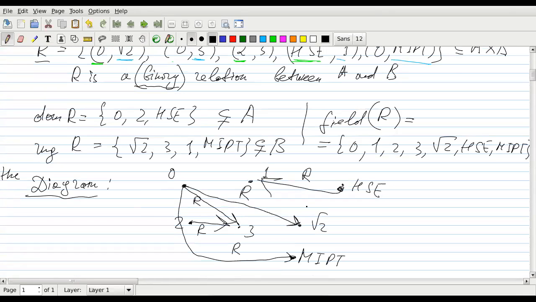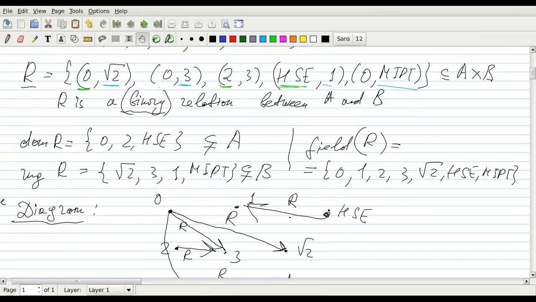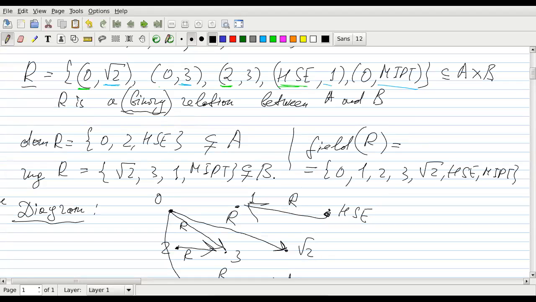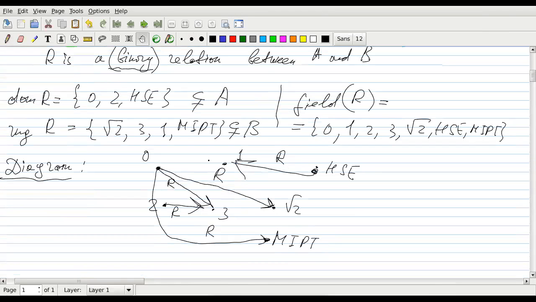This is a diagram of A. But of course, in principle, you should draw all the arrows for every pair. It's not possible to do in an infinite case, but please pay attention that a diagram is an informal notion. You may make it formal, but then there will be no difference between the diagram and the relation itself. So is it clear? Yes.